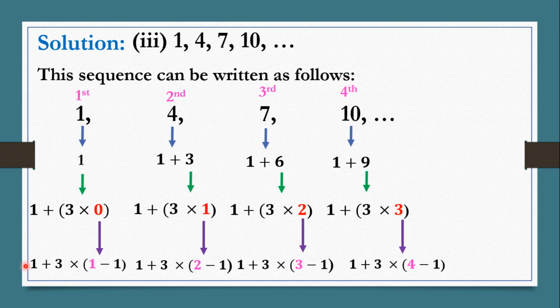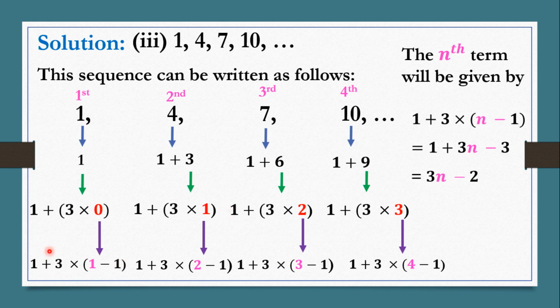And you can see in each term of the sequence, we have 1 plus 3 times the term minus 1. So what will be the nth term here? It is going to be 1 plus 3 times n minus 1.